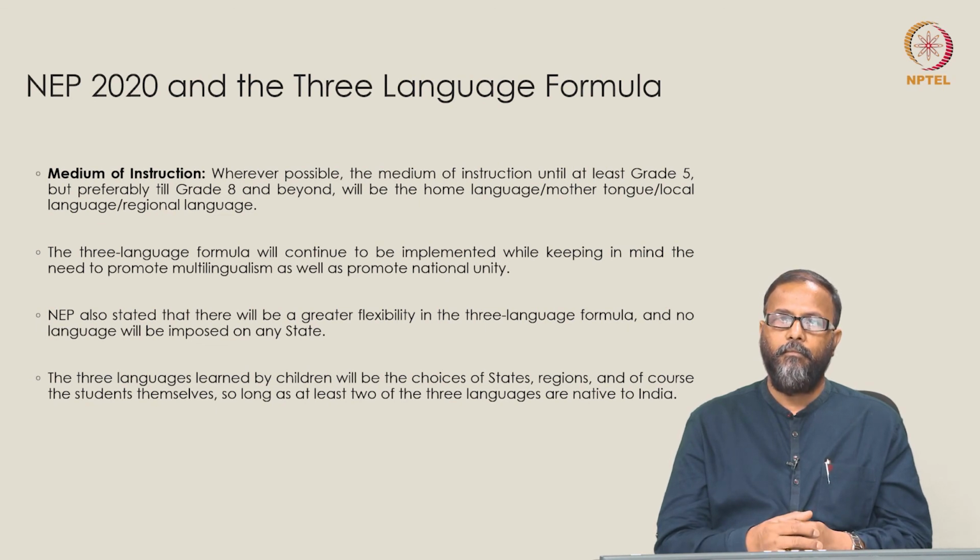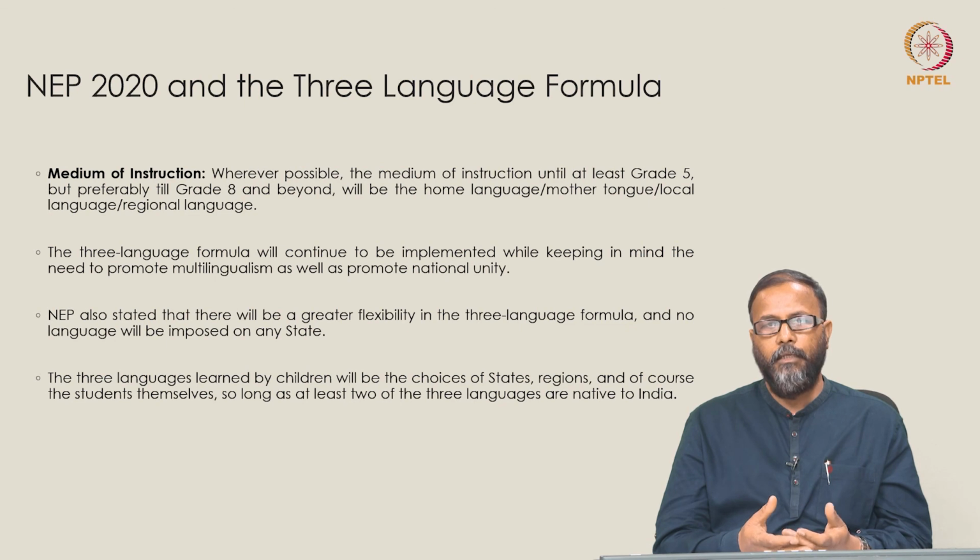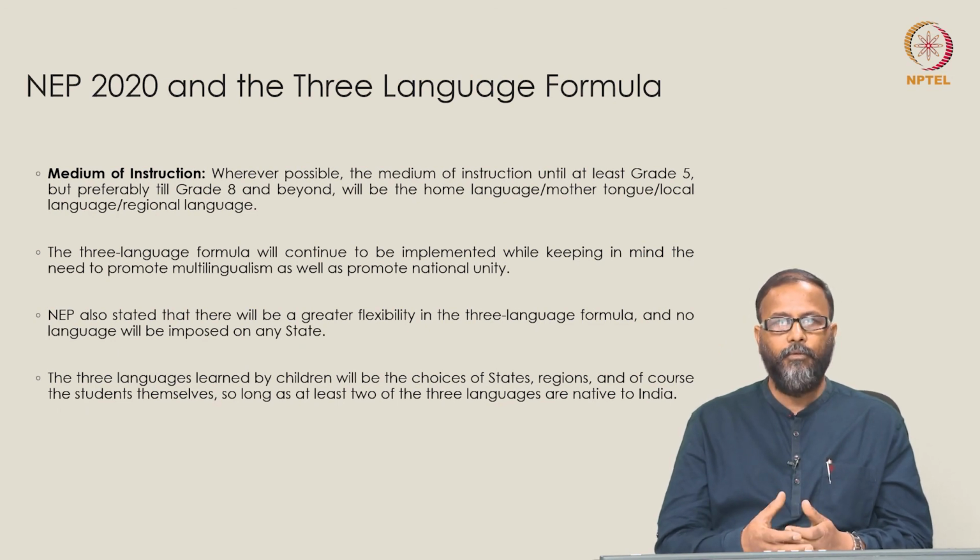In Andhra Pradesh, it is Telugu. Kannada in Karnataka, and Malayalam in Kerala, Assamese in Assam, and so on and so forth. So that's the story of the three language formula.